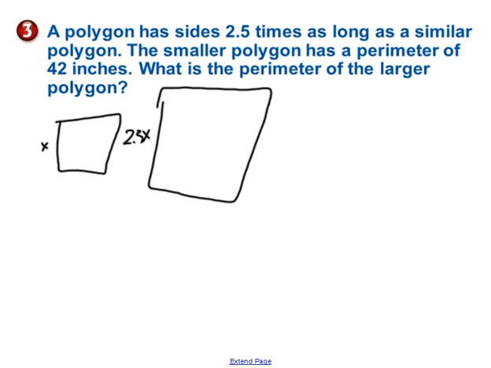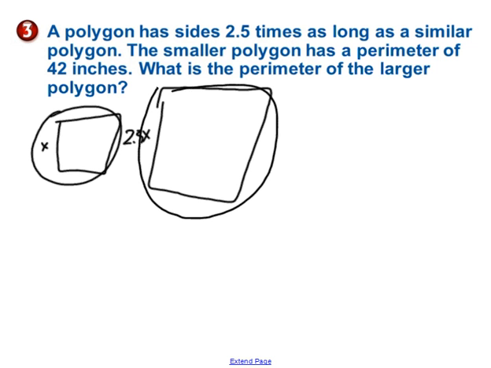And they're asking about the perimeter. Well, remember, the perimeter is the distance all the way around the outside. And the perimeter here would be all the way around this outside. So the perimeter is going to be equal to 2.5 times the perimeter of the original one, which they told us was 42 inches. So 2.5 times 42 inches will tell us that I want to check that.